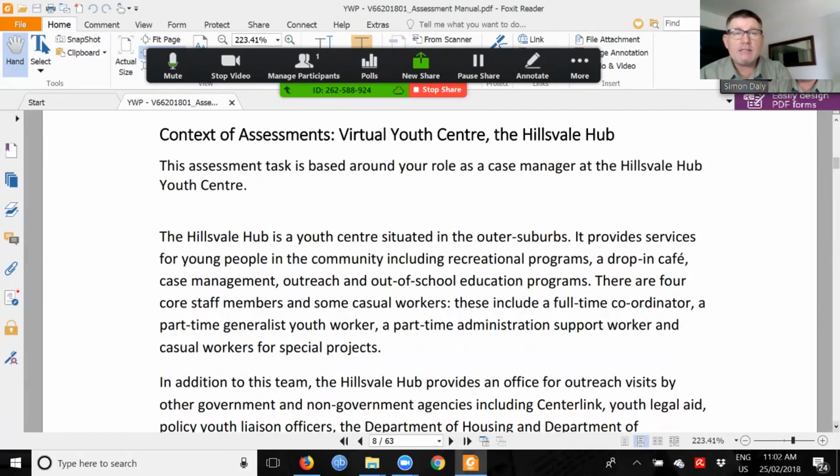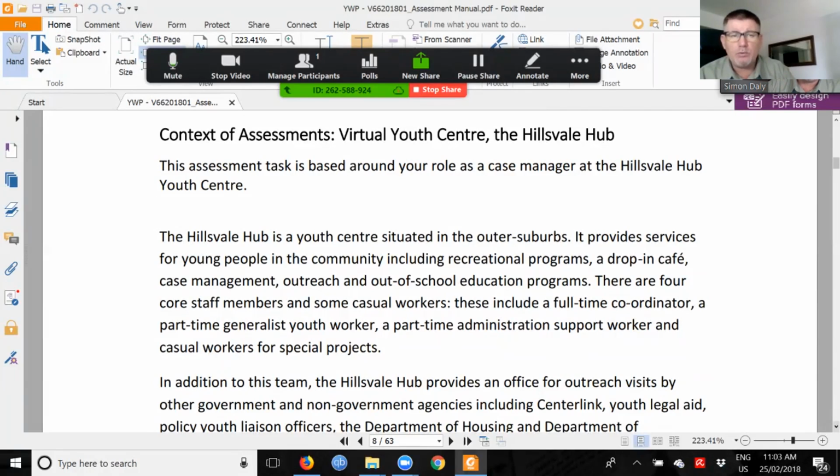So in this assessment task, it's based around your role as a case manager at the Hillsvale Hub Youth Centre, which is a fictitious youth centre which is modelling what a real youth centre would do and how you might encounter information and clients. So the Hillsvale Hub is a youth centre situated in the outer suburbs. It provides services for young people in the community, including recreational programs, drop-in cafe, case management, outreach, out-of-school education programs. There are 4 core members of staff and some casual workers.